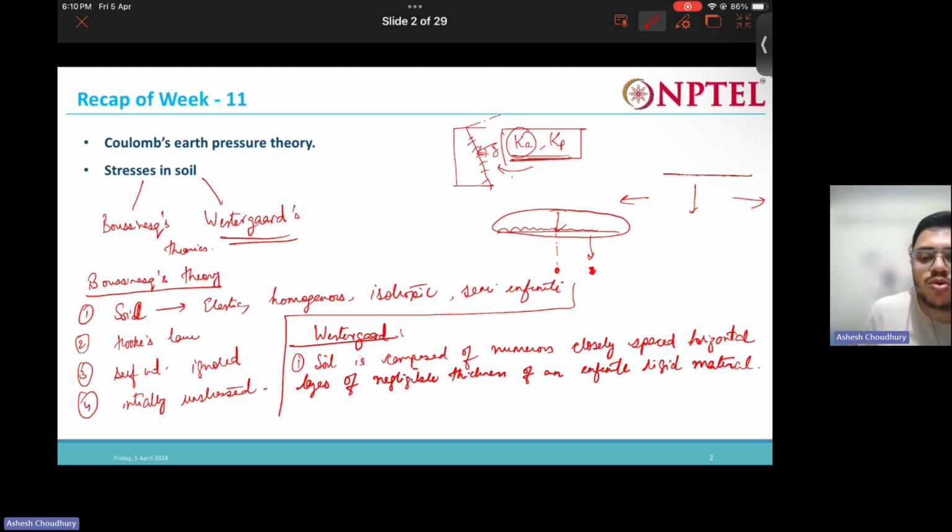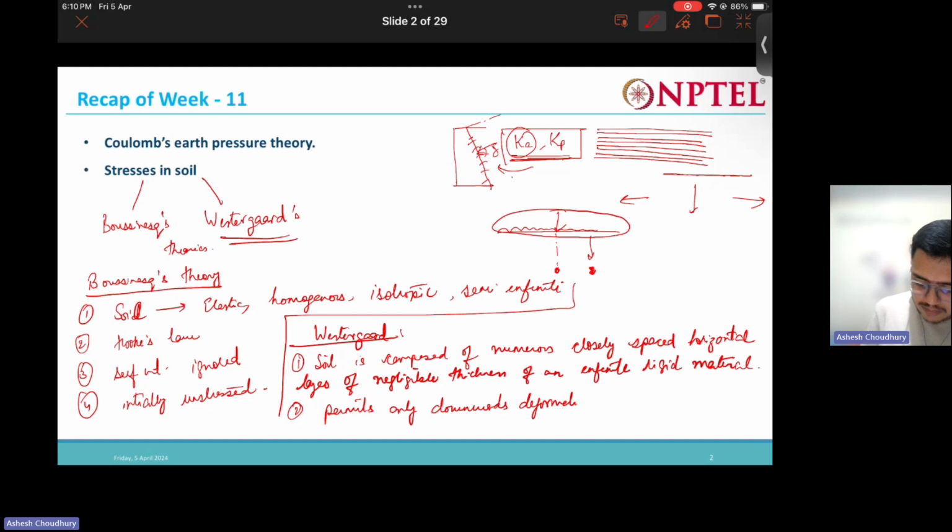Soil is composed of numerous closely spaced horizontal layers of negligible thickness of an infinitely rigid material. So we assume that the soil is composed of layers of infinitely rigid material, and this rigid material permits only downward deformation.